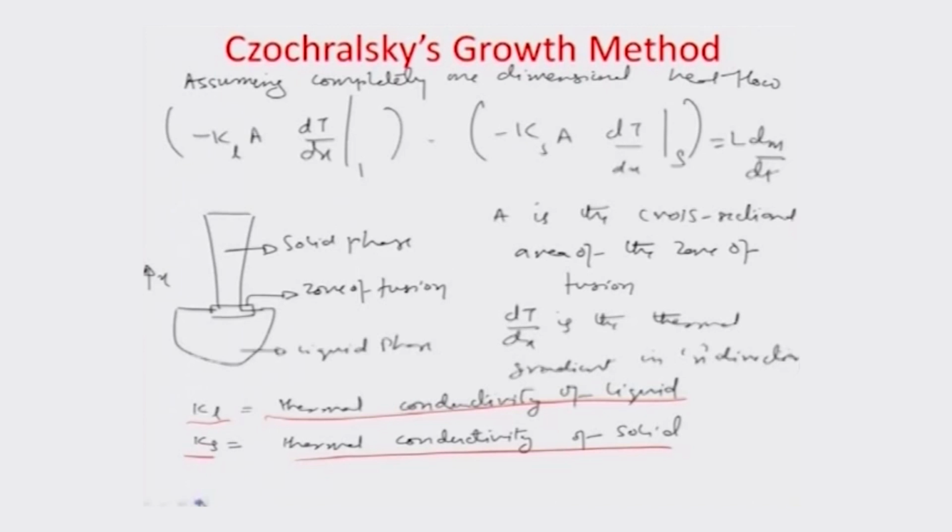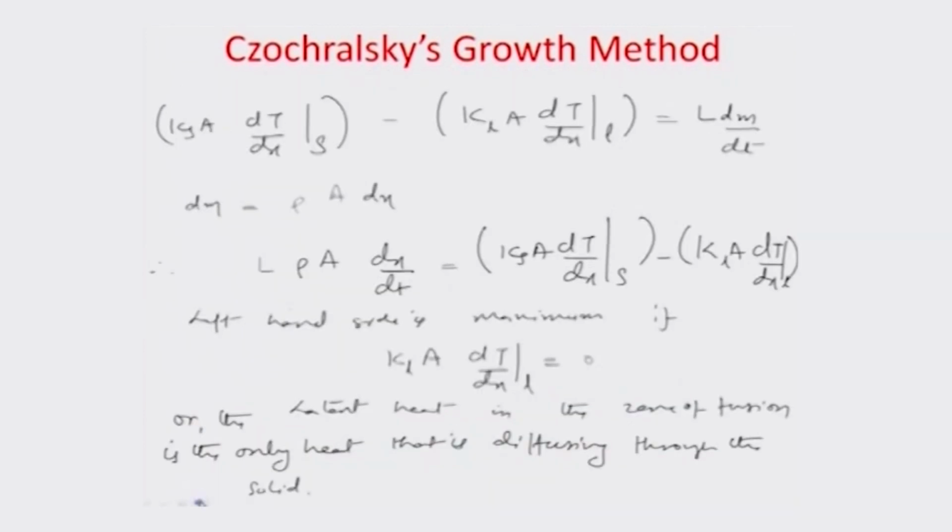So, let us refine this equation a little more by assuming that you have rho as the density of the solid in this particular case, and of course, A, the area of the zone of fusion, defined by a constant A as the interfacial area, and if we assume that dx length of solid material is formulated because of this heat transfer process.